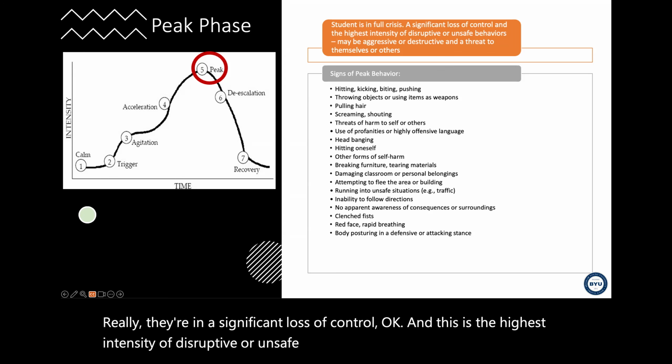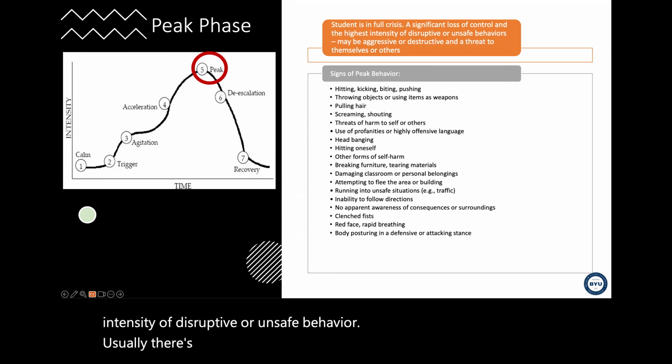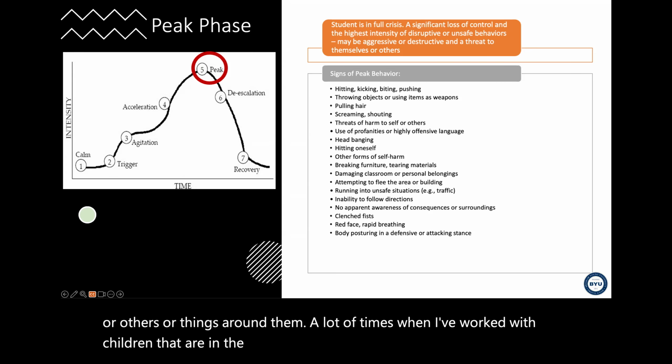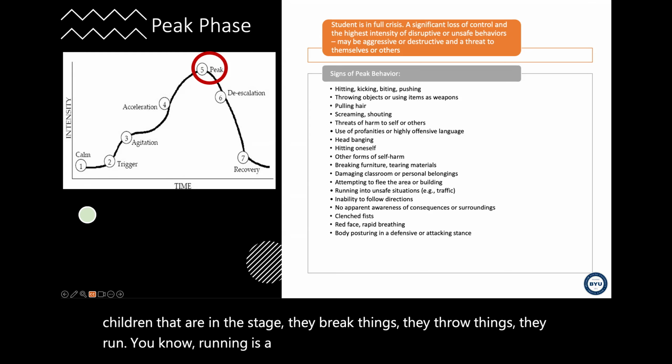Usually there's aggression and destruction that happens with themselves or others or things around them. A lot of times when I've worked with children that are in this stage, they break things, they throw things, they run. Running is a big one.